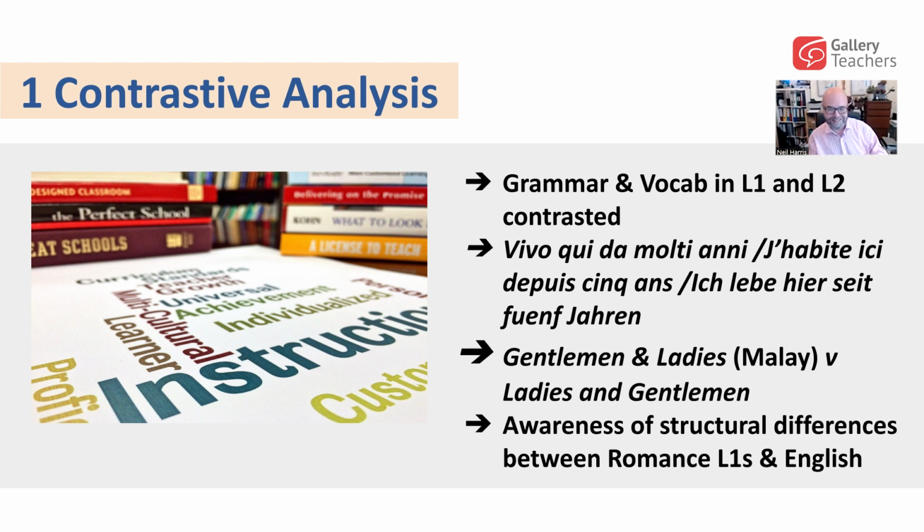But English does ladies and gentlemen. So we can contrast vocabulary. A great activity here would be false friends. So there is, therefore, in using contrastive analysis, here my examples are Romance languages, European languages, a way of raising student awareness of how their language and English differ.